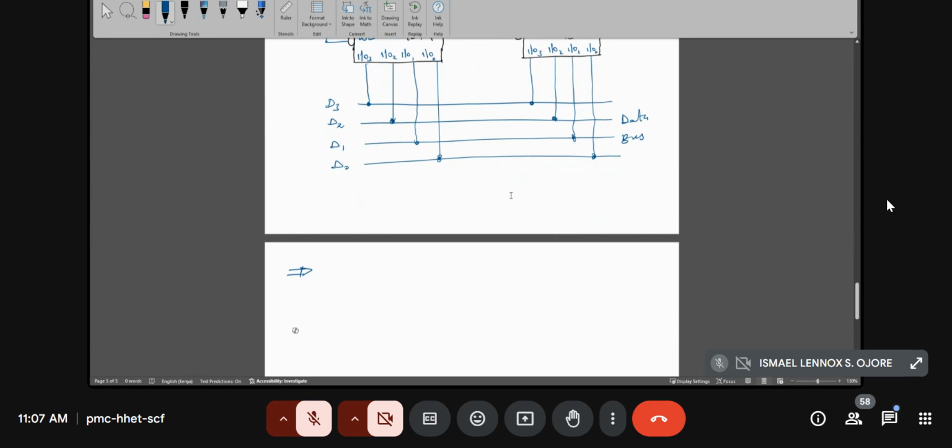We can note that the upper address line, that is A4, is used to select one RAM or the other, and this is via the CS line.